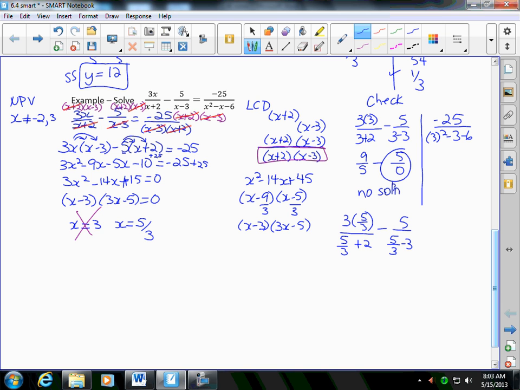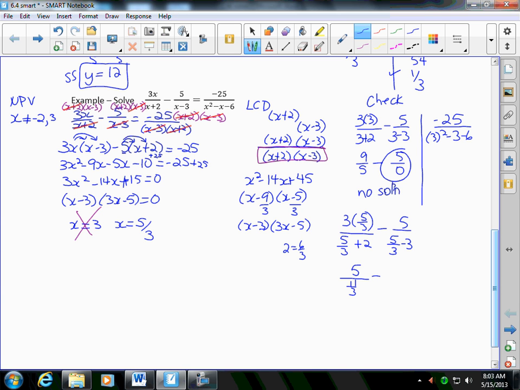So here, this is just going to be a 5 because my 3 and my 3 will cancel, over 5/3 plus 2. This is the same as saying 6 over 3. Let's write that here. 2 is the same as 6 over 3. So I have 5/3 plus 6/3, so that's 11/3.